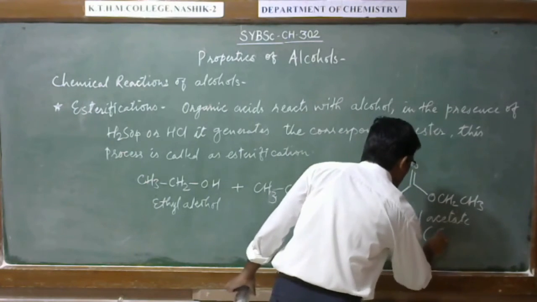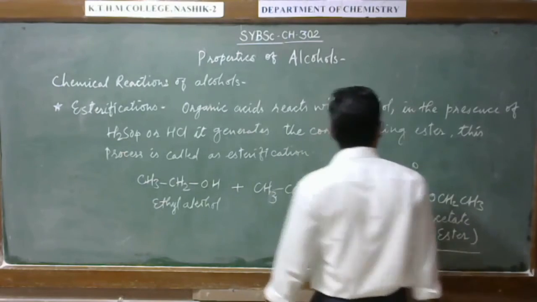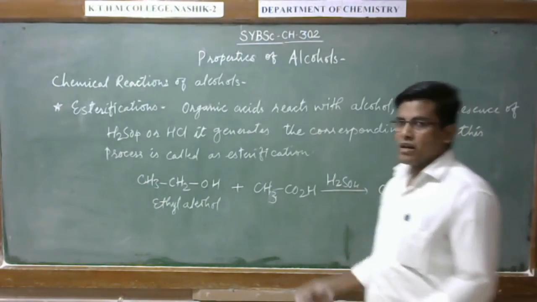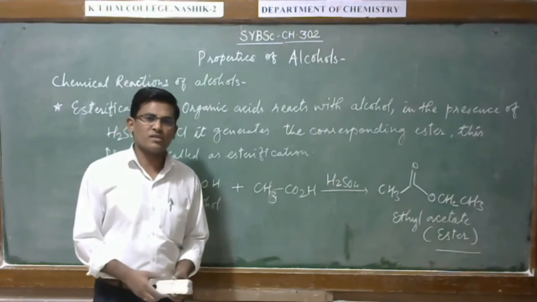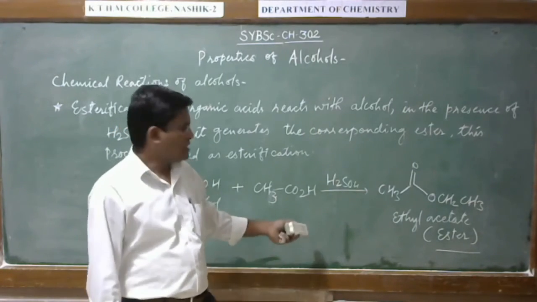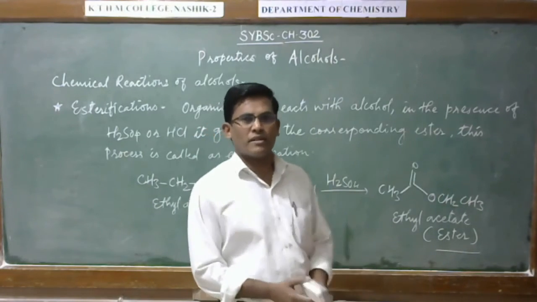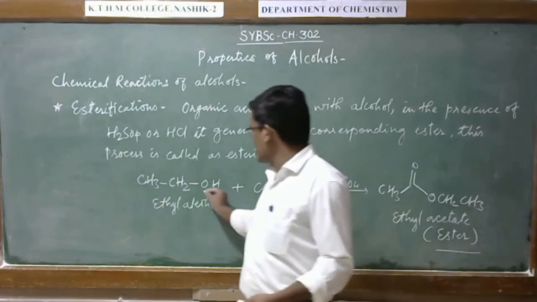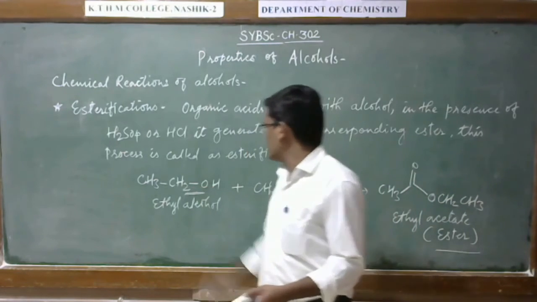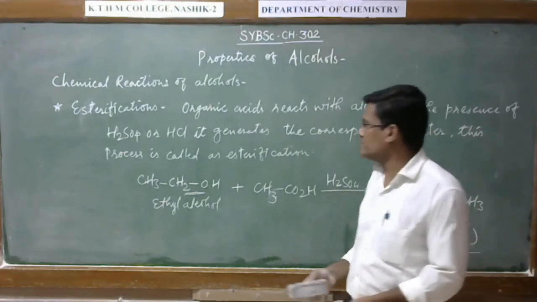So this is ester. When alcohol reacts with acid, for example acetic acid, in the presence of H2SO4, it gives the ethyl acetate, that is the corresponding ester. In this there is a cleavage of this C-OH bond. So let us have its mechanism.